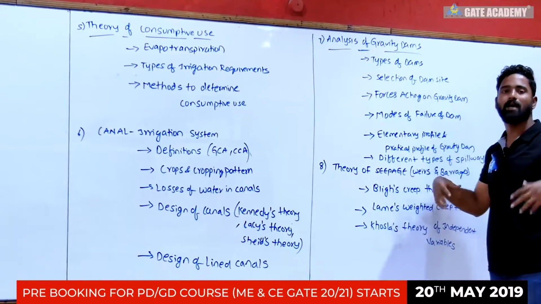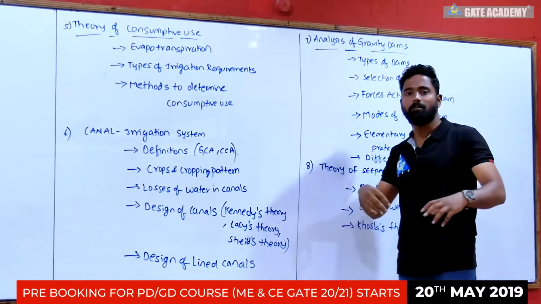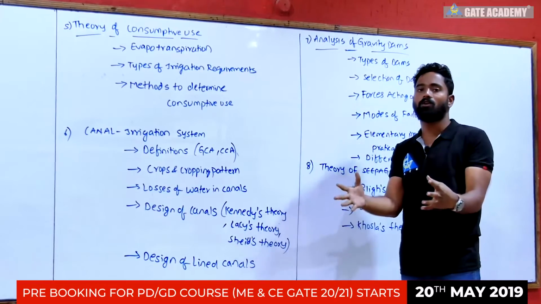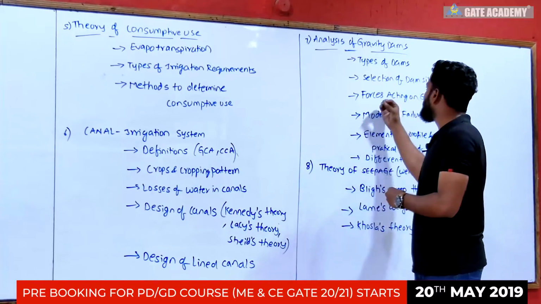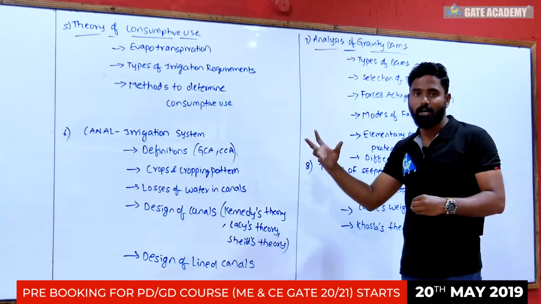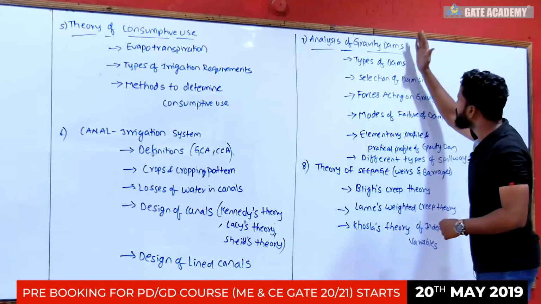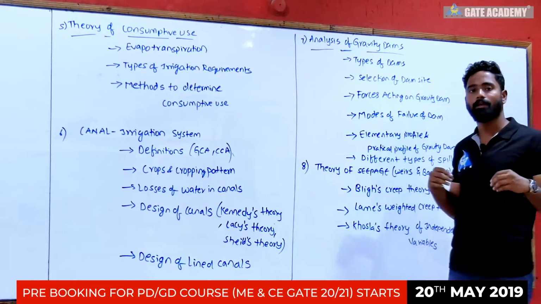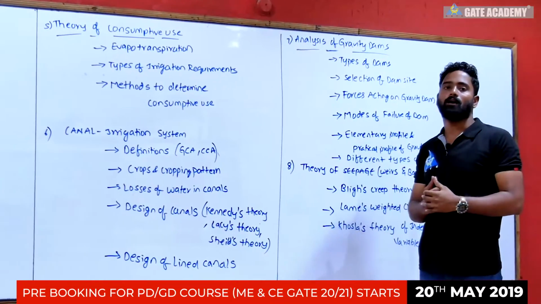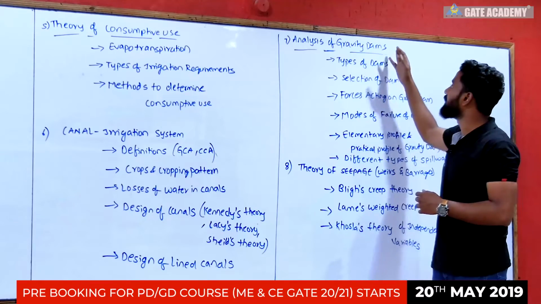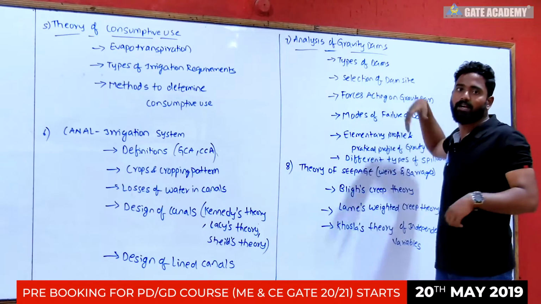So dams, types of dams. Types of dams depend upon the type of material you are going to use. There will be earthen dams, concrete dams, and rock fill dams. Based upon the structural concepts, it could be a gravity dam or a non-gravity dam.